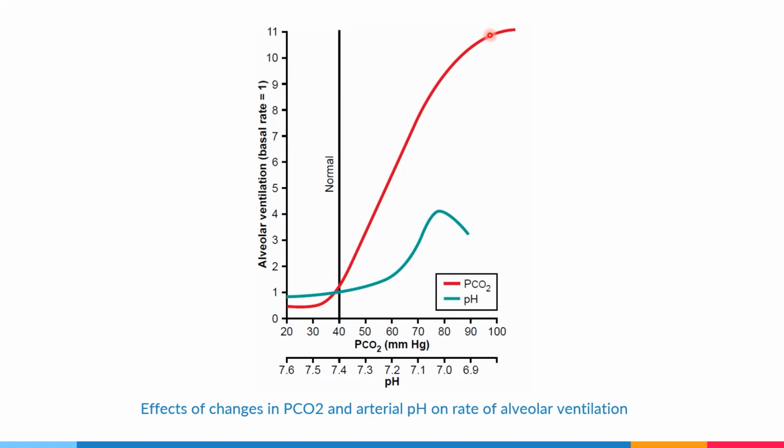Thus we see a sharp increase in ventilation caused by increase in PCO2 in the range between 35 millimeters of mercury to 75 millimeters of mercury. This demonstrates the tremendous effect of carbon dioxide changes in controlling respiration.